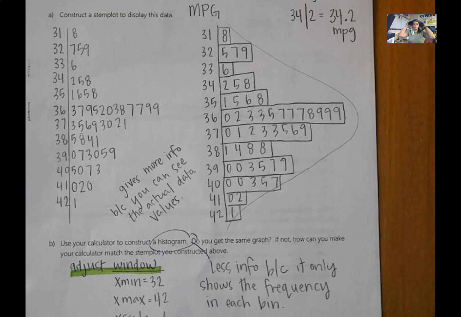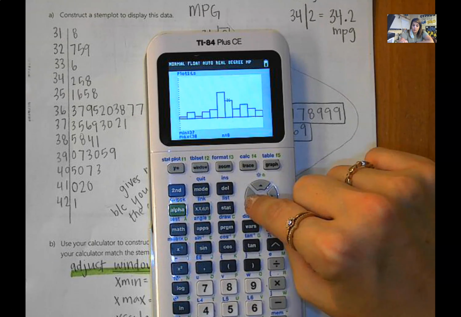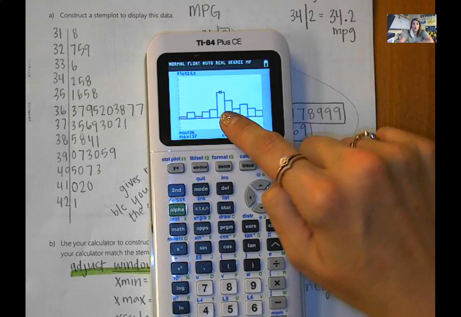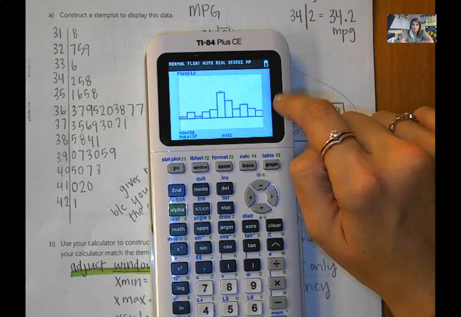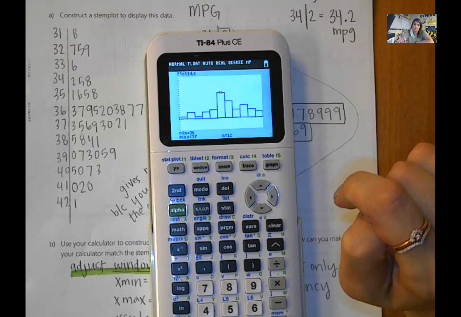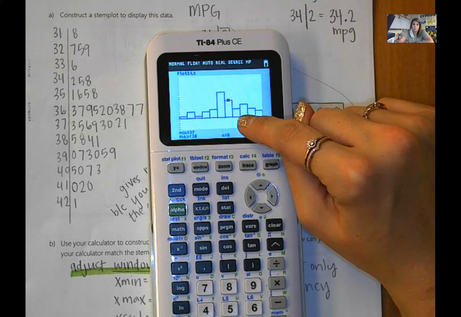So if this would have been given to us in a histogram first, the only thing that we would know is that 12 cars got gas mileage between 36 and 37. Or 8 cars got gas mileage between 37 and 38.